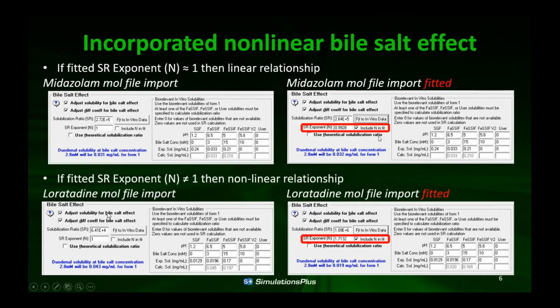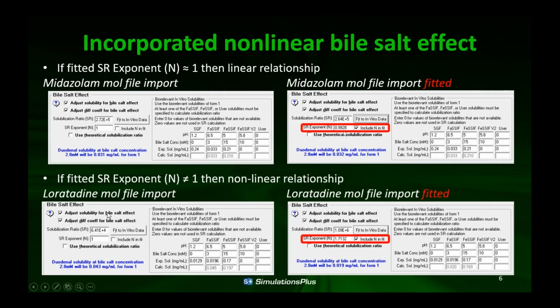But what if we include this n exponent term in the fitting? If we include this n in the fit and click on fit to in vitro data, the program will fit both of these 2 parameters.